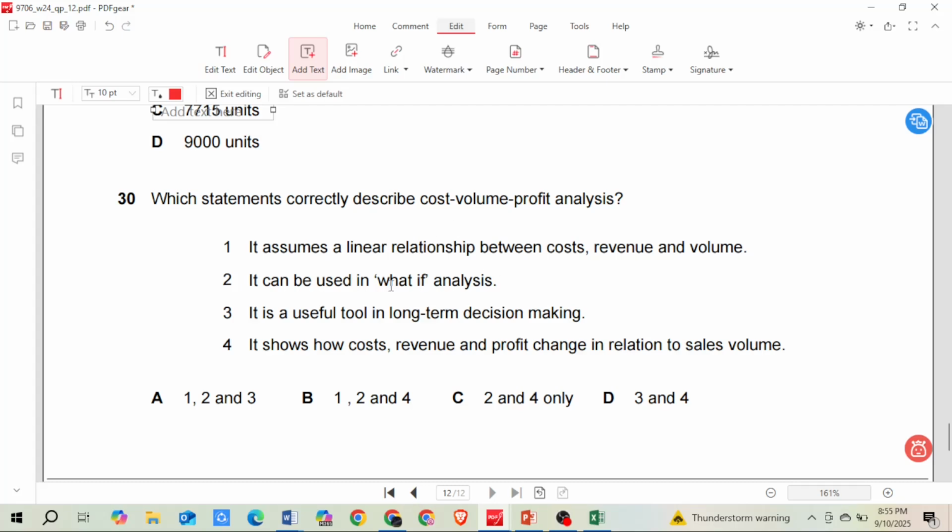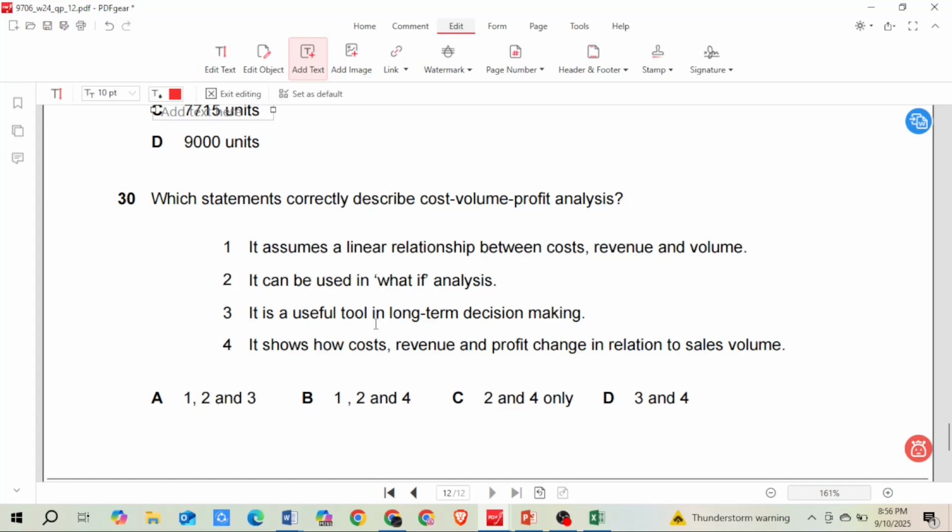So here we are using analysis of what if this changes, what if the cost changes, or what if the percentage of the profit changes. We are looking at all of that, so this will also be part of the cost volume profit analysis. So this is a correct statement.